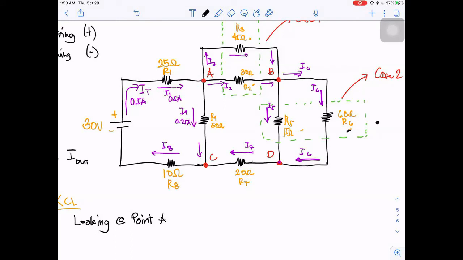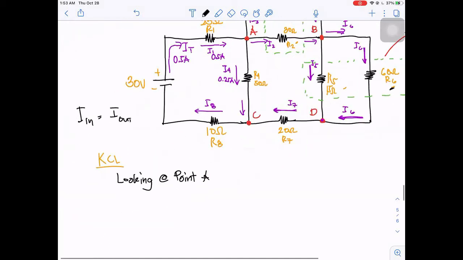So there are 3 currents that are leaving away from point A, and there is also a current entering towards point A. So we can write the equation I1 and the 3 leaving currents away from the point A minus I3 minus I4 is equivalent to 0.